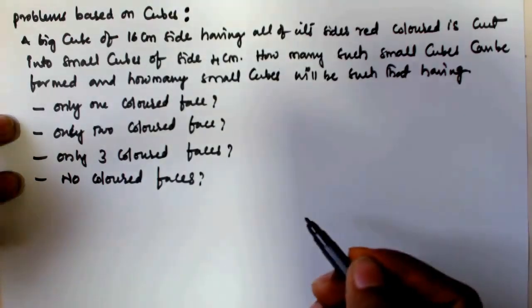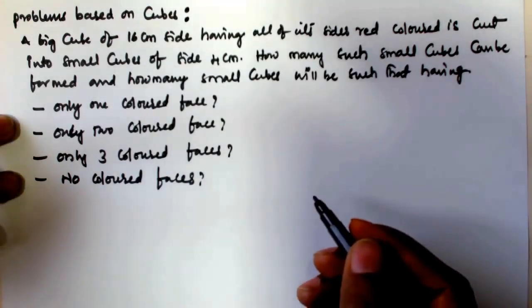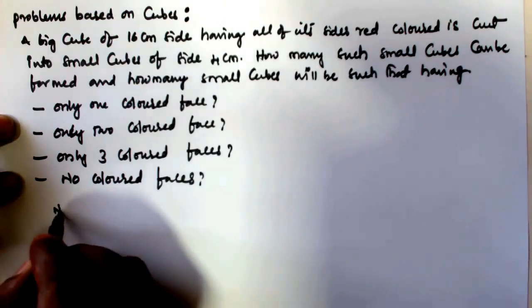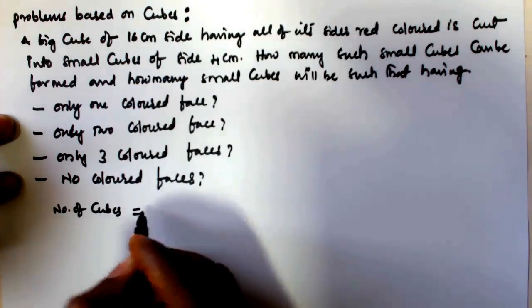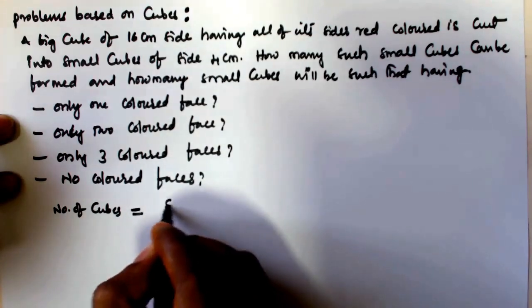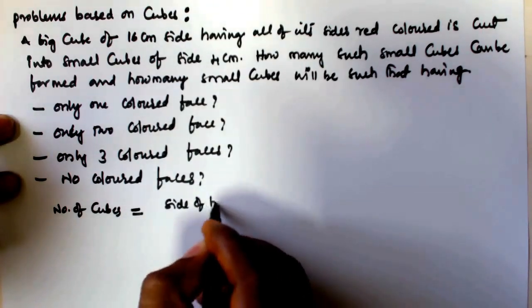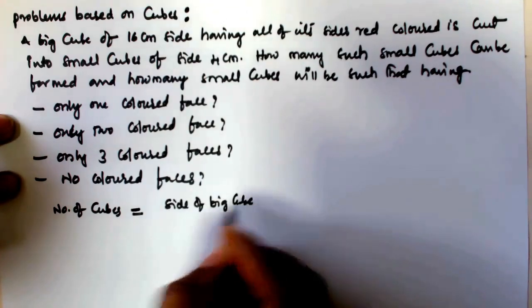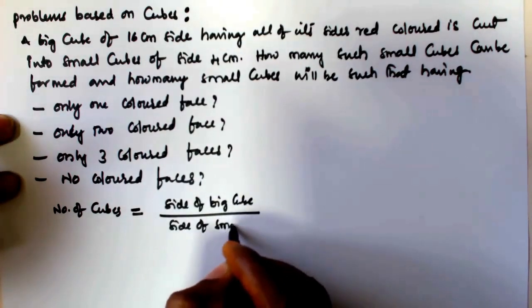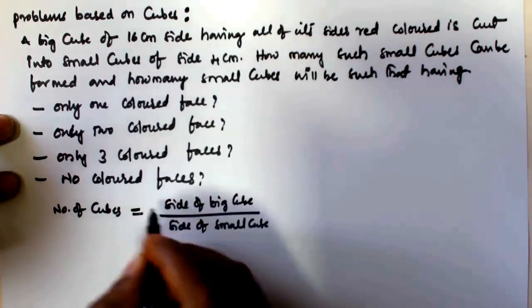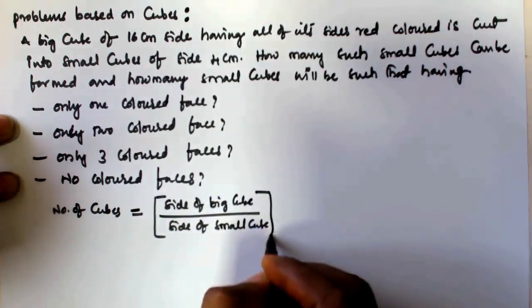So in the previous video I told you the formula is like that. The number of cubes formed is equal to the side of big cube by side of small cube, to the power of 3.